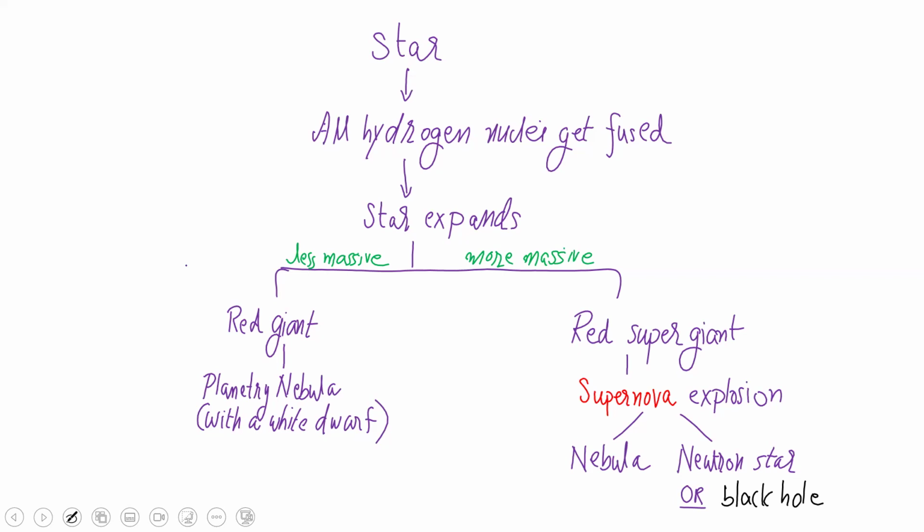Black hole is very famous with the passage of time, and neutron star is not that famous, but it is there. It's a very big, huge entity. This is called the end game, the end cycle.